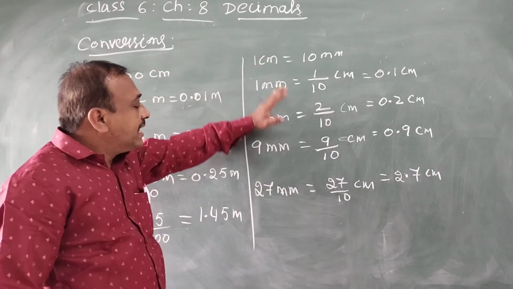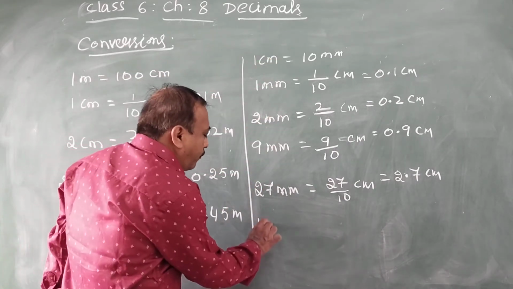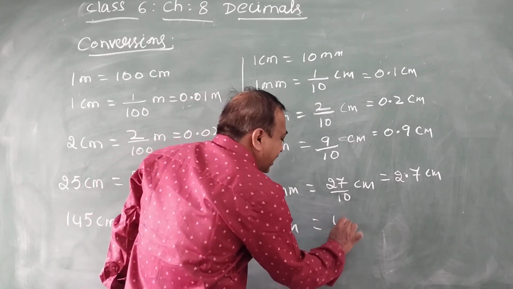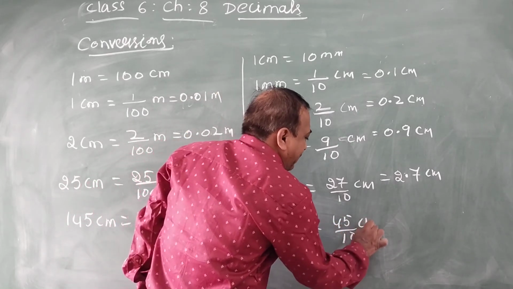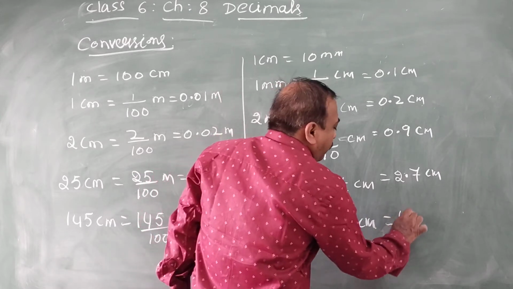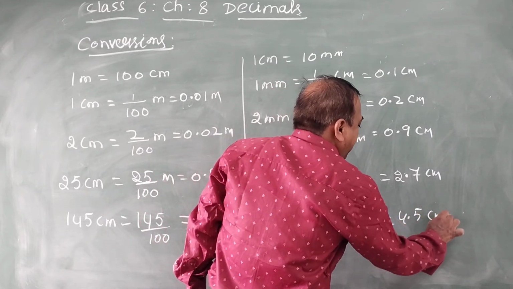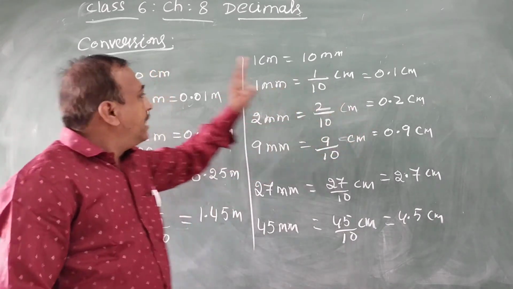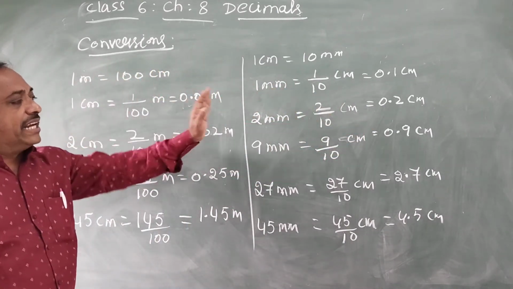So these are conversions. If you write 45 millimeters, then 45 by 10 centimeter, which is equal to 4.5 centimeters. So millimeters we are converting into centimeters. Here meters we convert into centimeters.